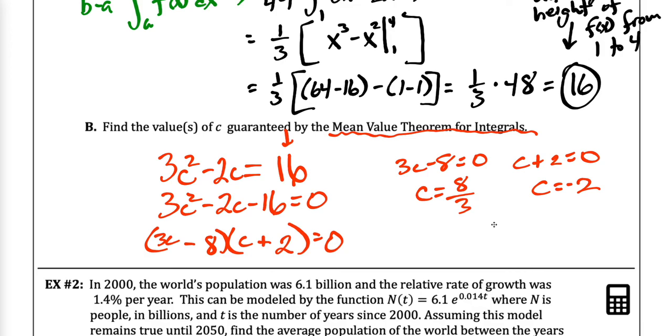It almost came out to be you anyway. Aiden, do you know this answer? It would be 8 thirds. How come not -2? It's not between 1 and 4. Perfect. We only cared about which one was between 1 and 4. Very good. I wanted to spend most of my time on this first question because that's a majority of the work that you're going to do for all of them.